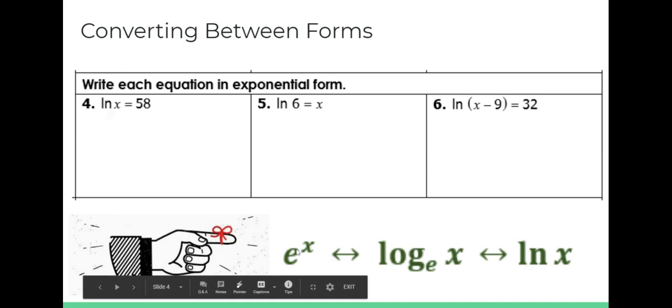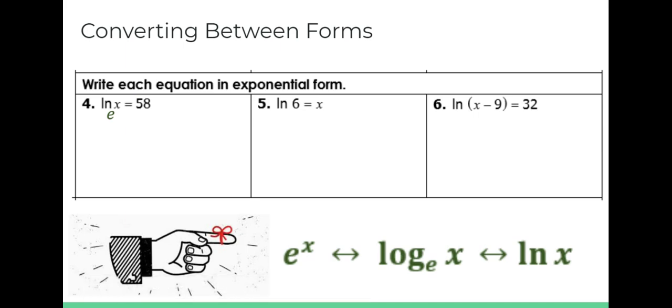By doing that, I add this little e in between natural log and x. That tells me that all I have to do is express it as my base of e to the 58th equals x.